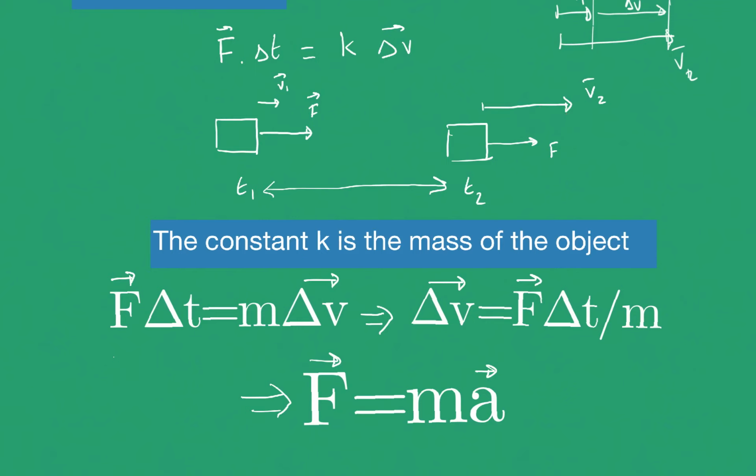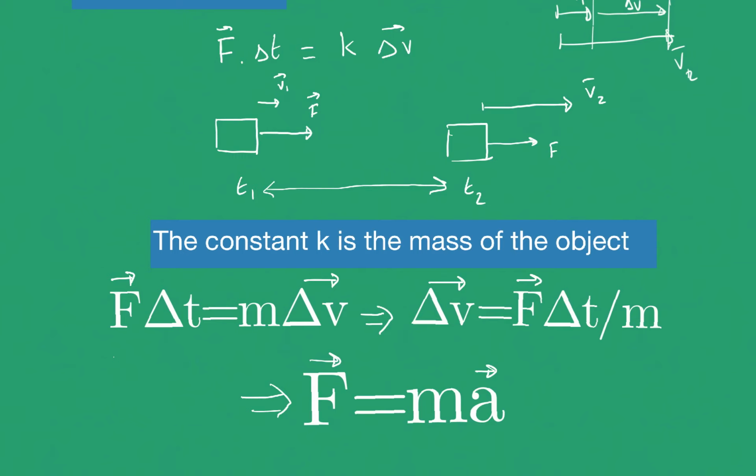And the constant k is what we recognize as the mass of the object. So let's work with this equation many times. Force acting on time delta t is equal to m times the change in the vector velocity.